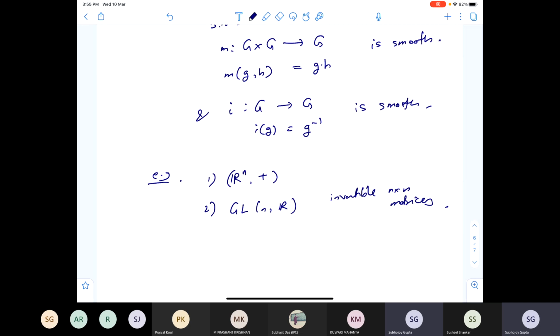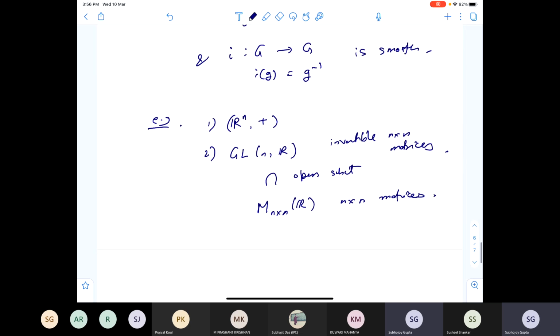Why is that a Lie group? Well, you can think of that as an open subset of something which is a manifold, which is all n by n matrices. These are n by n matrices with real entries, and that's nothing but R^(n squared). Instead of writing it as a square matrix, you can string together the entries into a single vector of length n squared.